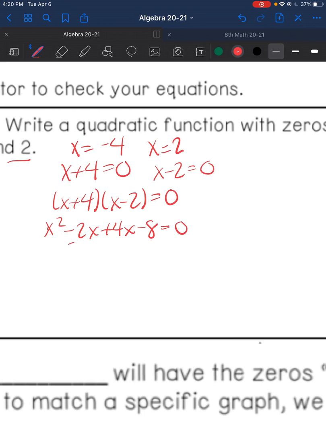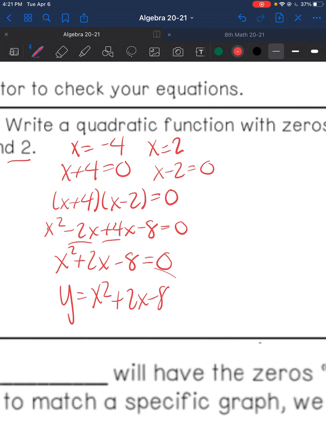Simplify that: x squared plus 2x minus 8 equals 0. We want it as a function, so y equals x squared plus 2x minus 8. That is our answer. So that is writing an equation from the solutions.